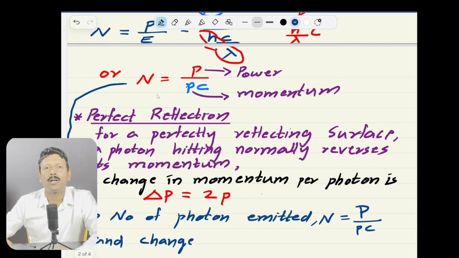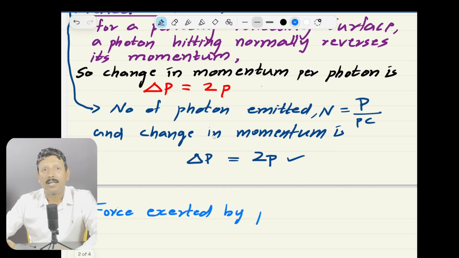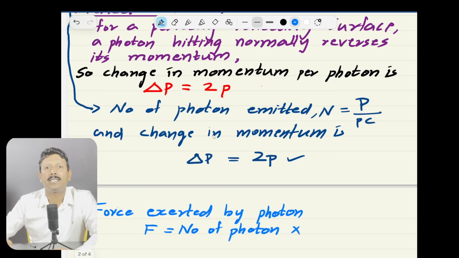So the number of photons emitted is N is equal to P, the power, divided by p c, where p is momentum and c is the speed of light. And the change in momentum is delta p equal to 2p, as I showed above. Now we substitute. Force exerted by the photons F is equal to the number of photons multiplied by the change in momentum.